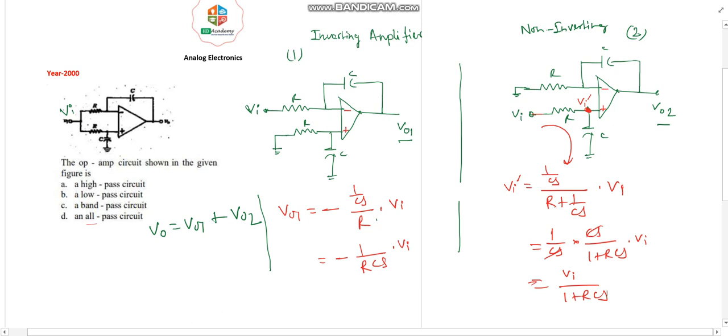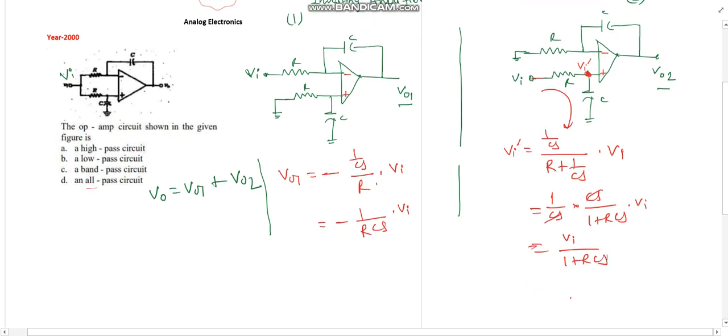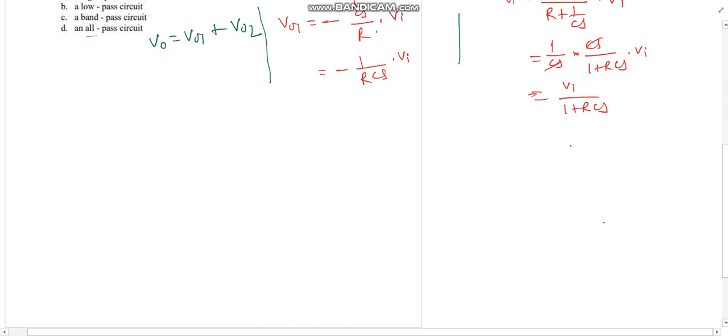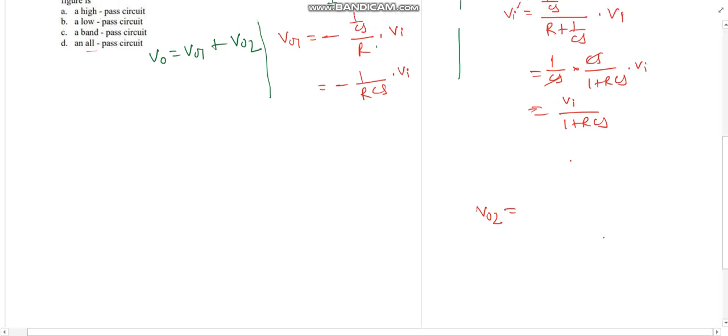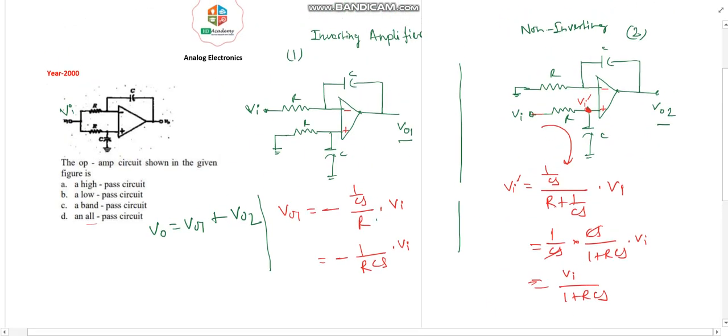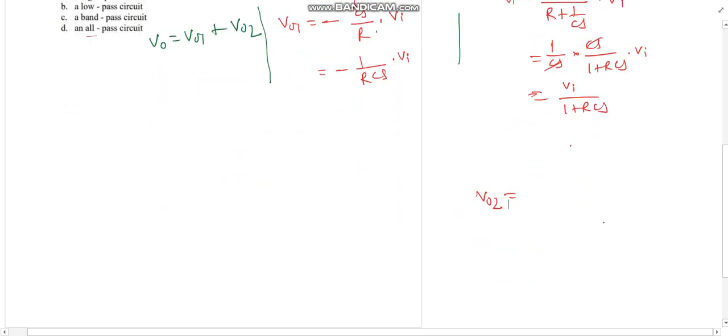Now the output voltage of the non-inverting amplifier V02 will be equal to 1 plus feedback 1 by Cs by R into the input, that means Vi dash.